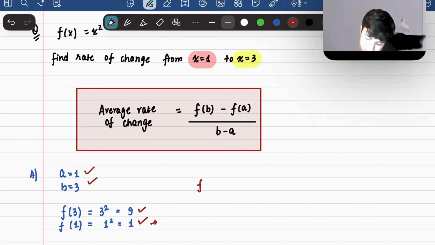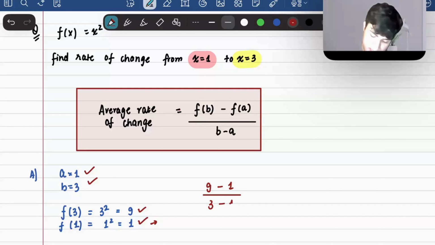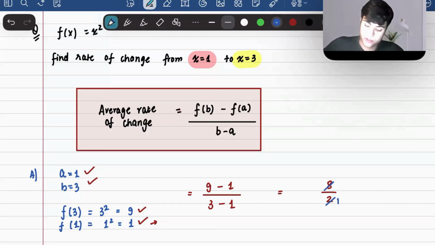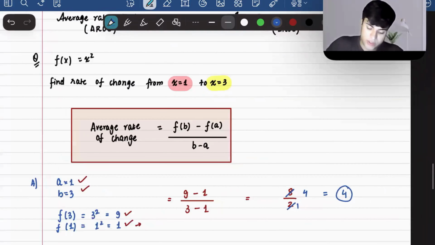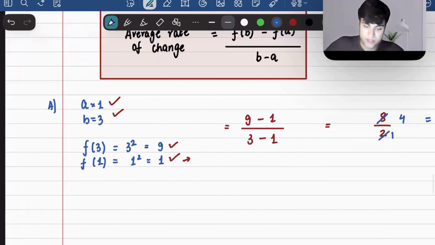So f of b is 9 minus f of a, which is 1, over b, which is 3, minus a, which is 1. Now this is 9 minus 1, which is 8, and 3 minus 1 is 2. I can simplify this further: 2 times 1 is 2, 2 times 4 is 8. So the rate of change is 4. The average rate of change is 4.